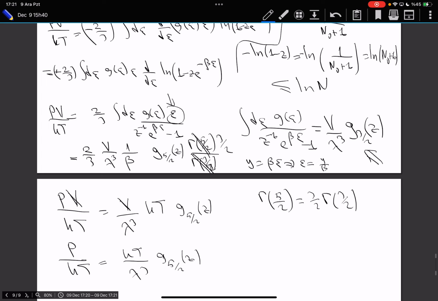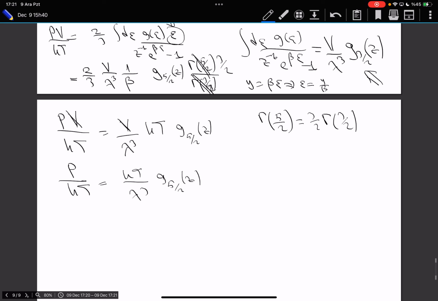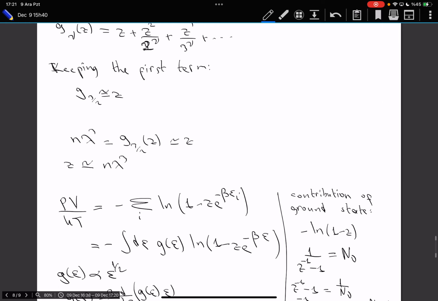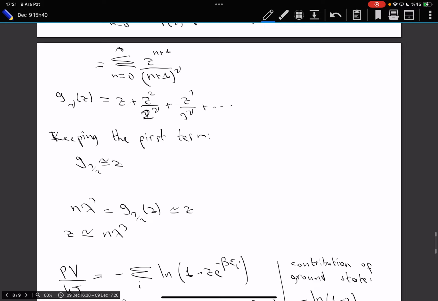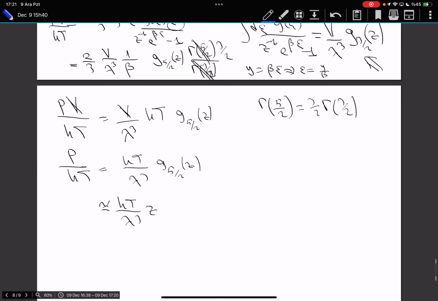I'm not so sure about this KT, by the way, I didn't like it. And we had just known what g 5 over 2 of z is. This is approximately z, because that is what we had derived. g nu of z just starts with z. And z is n times lambda cubed. These lambda cubes cancel. We have n KT.